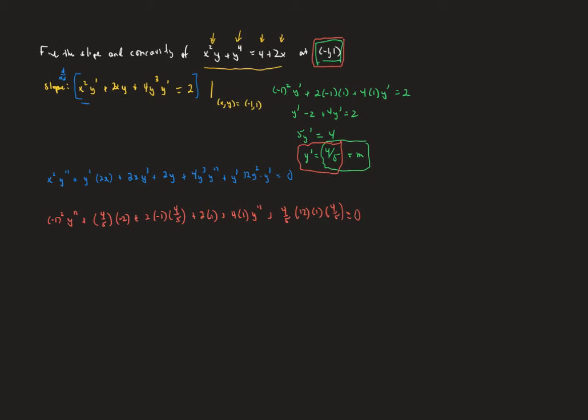Yuck. So it looks like we have a y double prime here. It looks like a minus 8/5 from that next term. And I think here we're going to get another negative 8/5. And then a plus 2. And then a plus 4y double prime.